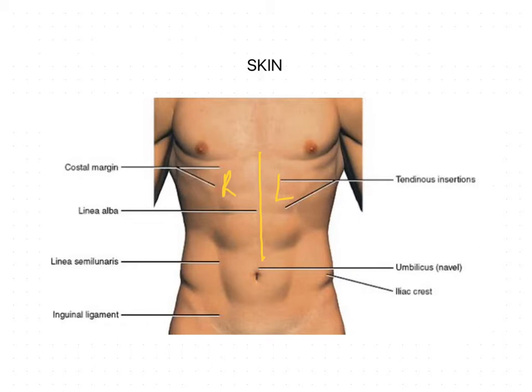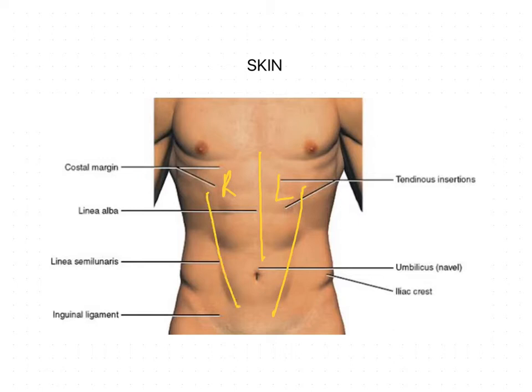And a few centimeters from this linea alba, you can find another curved vertical groove which extends from the tip of the ninth costal cartilage to the pubic tubercle.